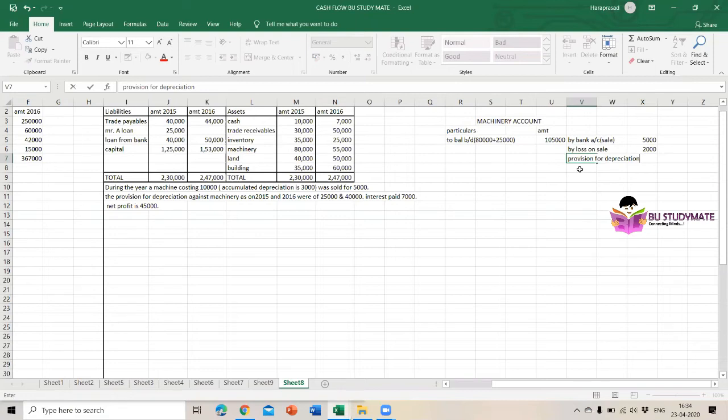Then we have the balance carried down. Okay, how much is this? The opening balance of the current year 2016 is 50,000 plus the depreciation 40,000. Both together 90,000.